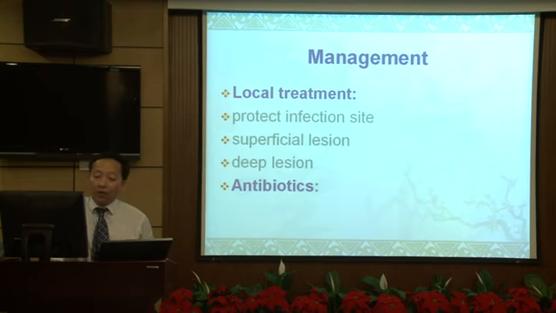For the antibiotics used, this is according to the different kinds of pathogens involved. So the different antibiotics should be used.